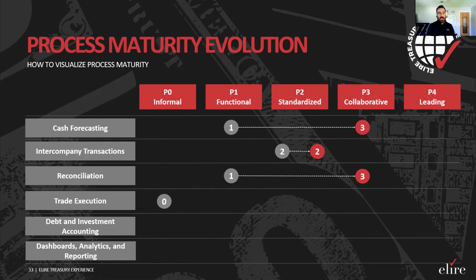Trade execution, if you're a smaller organization, maybe executing trades stays very manual. You have different terminals that you execute trades on, and that's it. But once you find systems out there that can maybe handle trade execution, you might start thinking about implementing functionality or onboarding functionality.